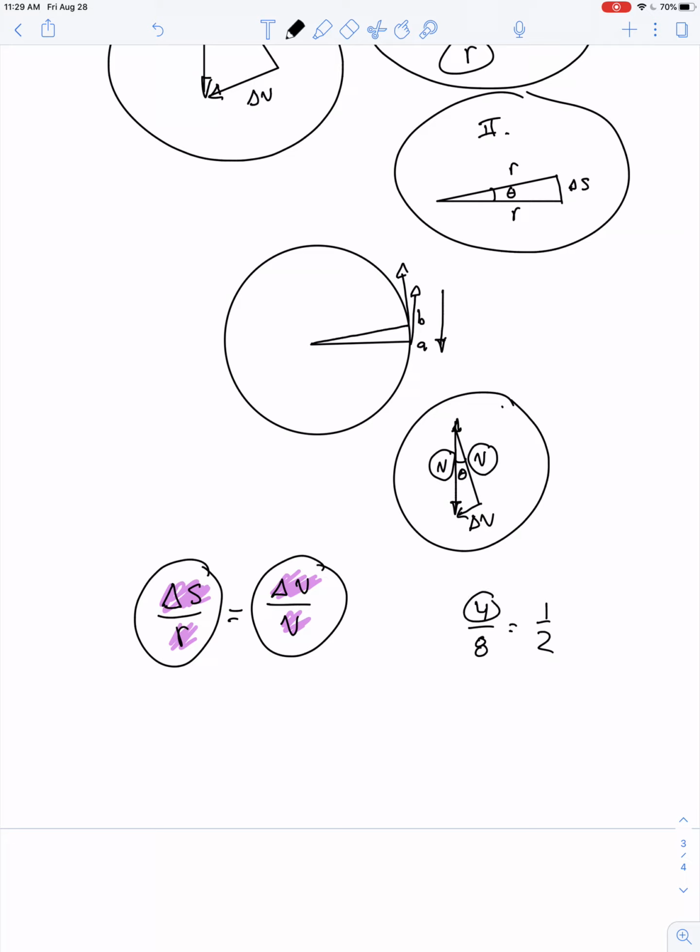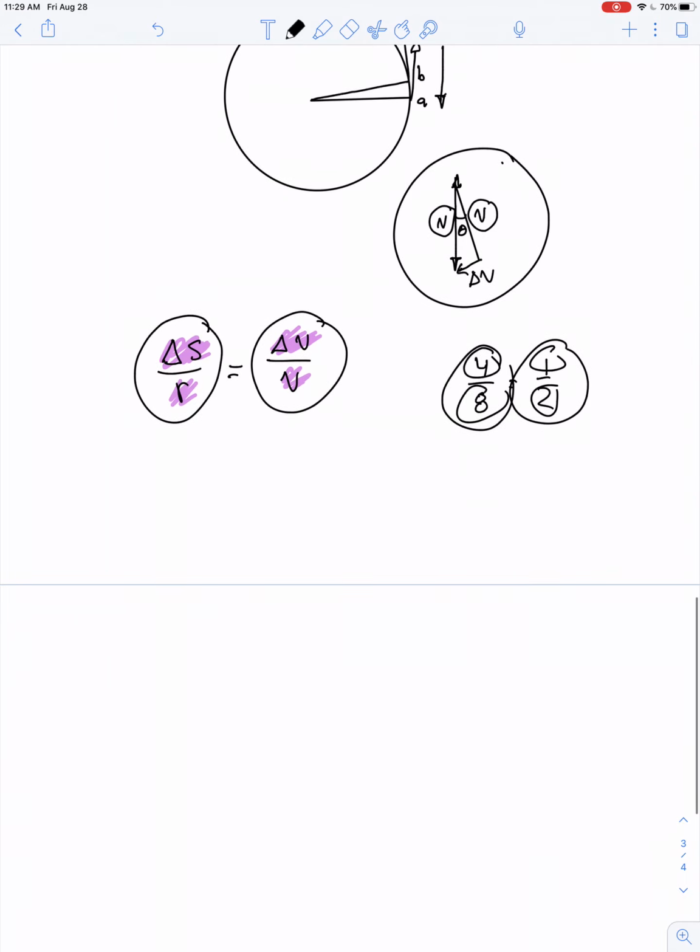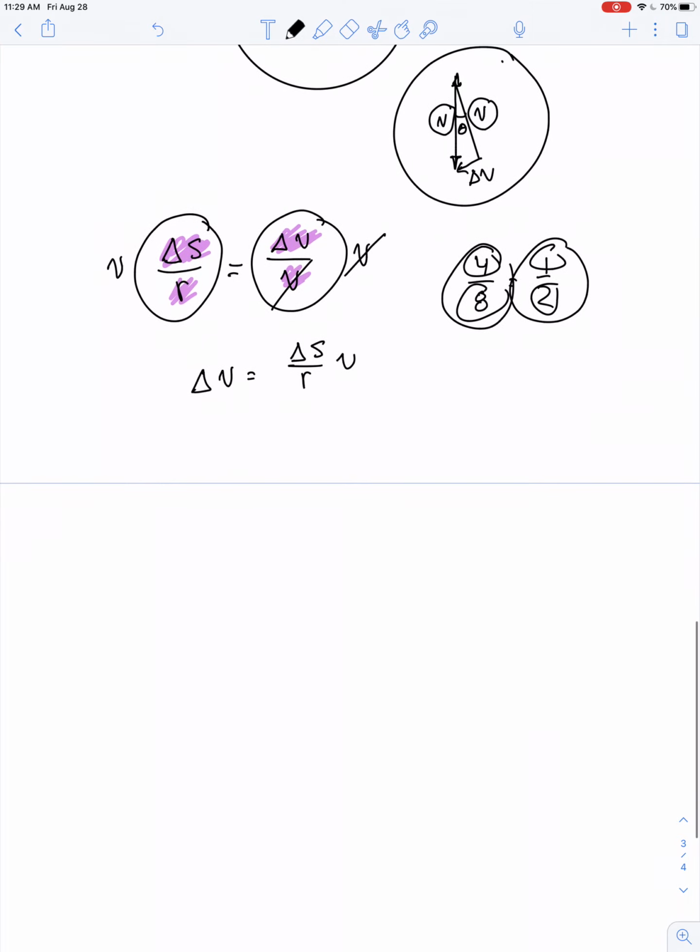That doesn't say that 4 equals 1 and 8 equals 2, but the ratios certainly are the same. So if you're convinced of that, then what if we multiplied both sides of the equation by v, which represents the constant speed for the object that's going in a circle? Well, then it cancels here, and we get delta v is equal to delta s over r times v. Okay, so we can use that to make a substitution.